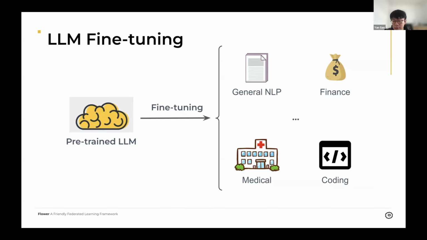But how does a pre-trained LLM adapt to a particular task? What we need to do here is fine-tune the LLM on data from a specific domain.